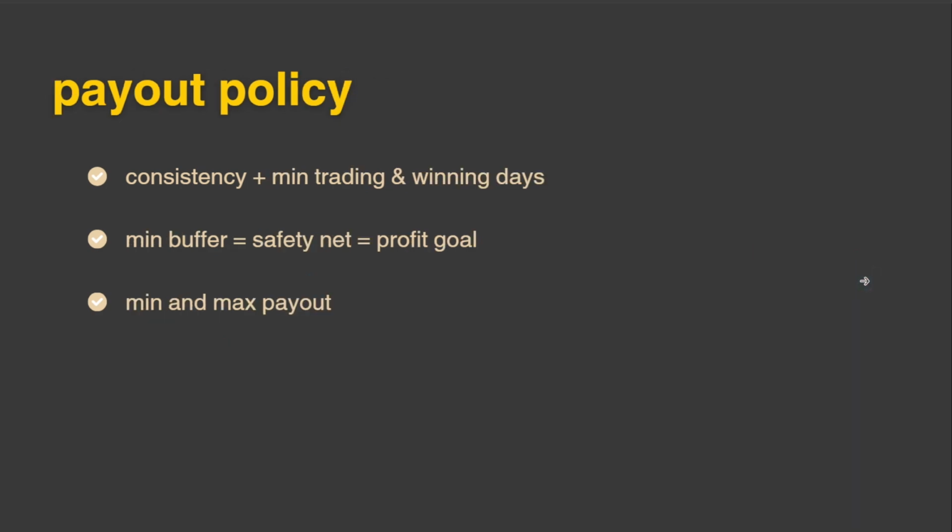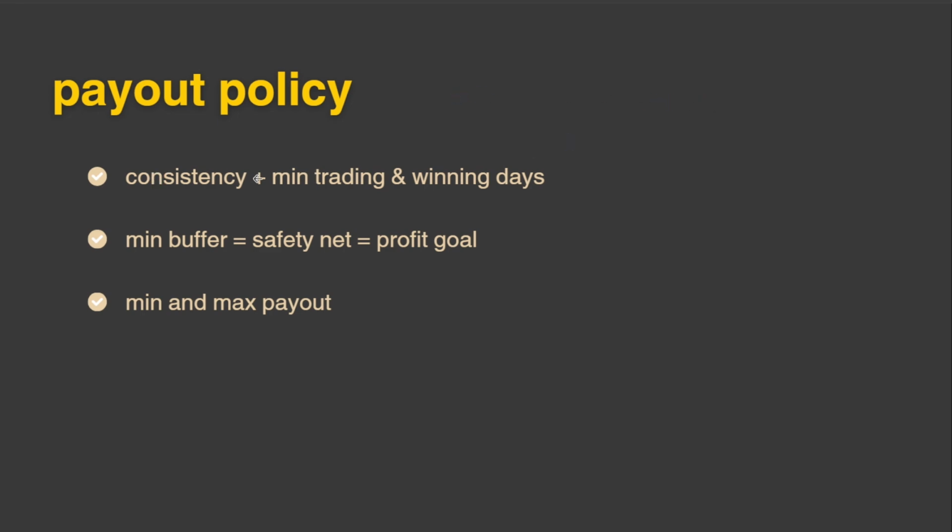So more important, in my opinion, are the payout policies. As you can see, I haven't written down funded stage rules or something like that, because in the payout policies, there are all rules you need to know. The payout policies tell you what rules and policies you need to adhere to get paid.